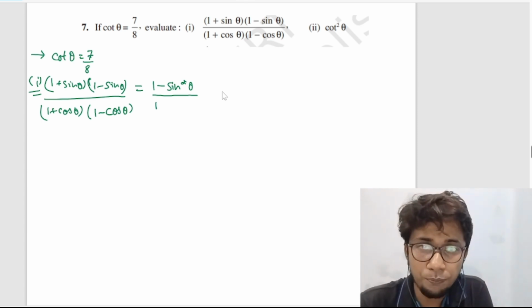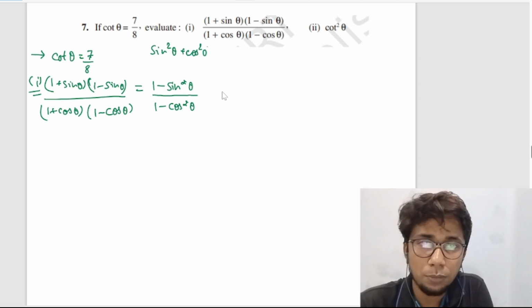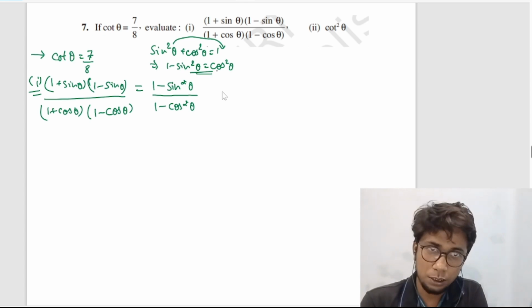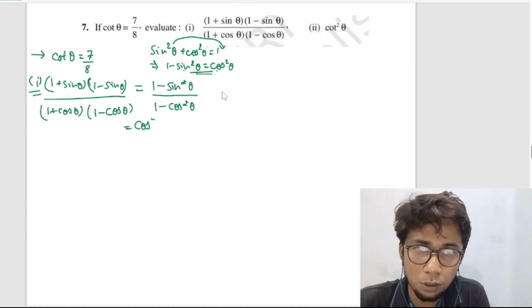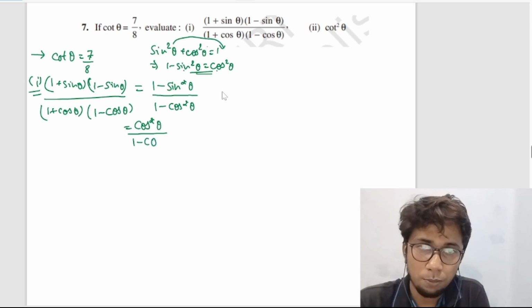So this will become 1 minus cos square theta. Now we also know that sine square theta plus cos square theta is 1. So does this imply that 1 minus sine square theta is equal to cos square theta? If we bring this sine square theta to the right hand side, we can easily infer this one. So this will be equal to cos square theta upon 1 minus cos square theta.